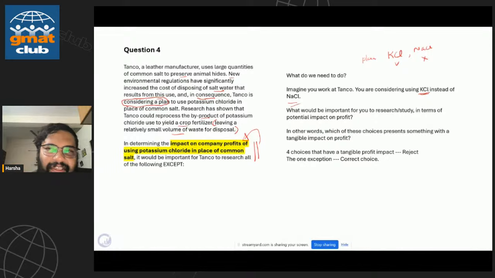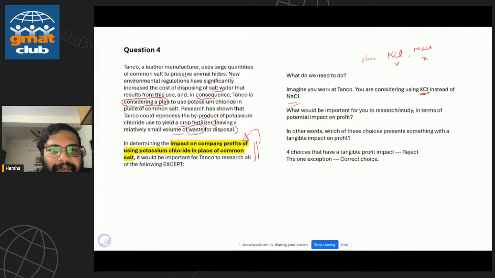So, what's really the benefit? What's the angle here? The problem is the disposal of salt water. It's clearly cost intensive given the environmental regulations. It's increasingly getting more costly. The advantage here is that you will have lesser volume of waste for disposal, so it should cost less ideally. That's the hope, right?